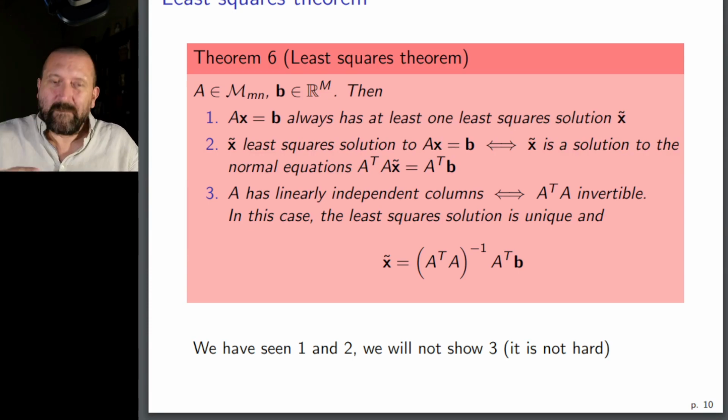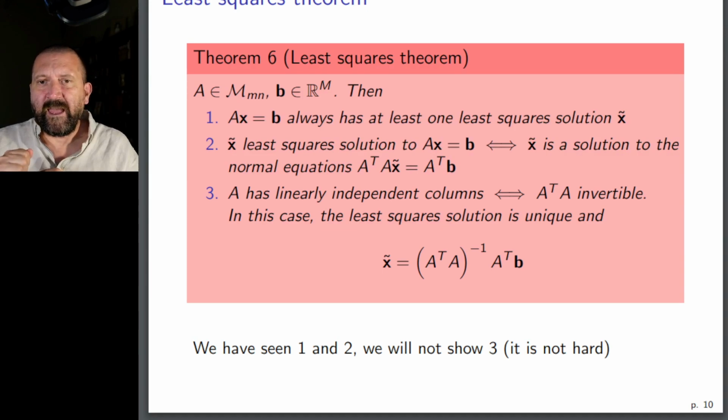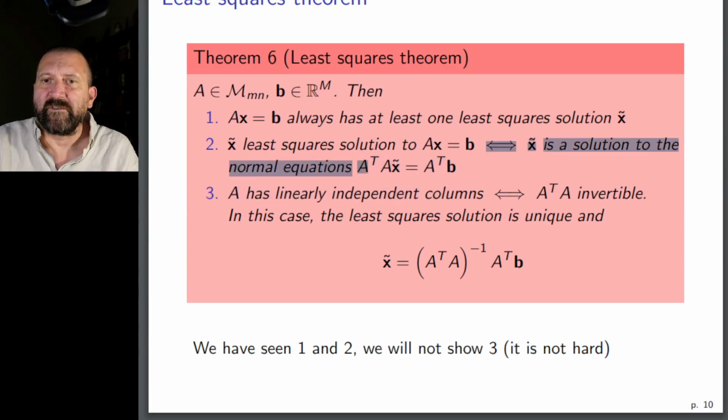So let's assume that A has linearly independent columns, and as I pointed out, this is equivalent to A transpose A being invertible. Then if this is the case, the least squares solution is unique and is given by X tilde equals A transpose A inverse times A transpose times B. And that is simply obtained from the normal equations. You can see it right here.